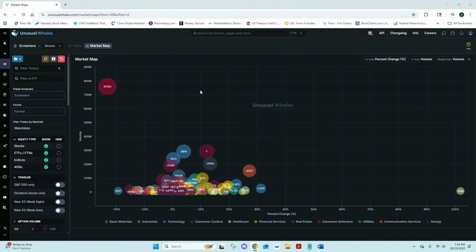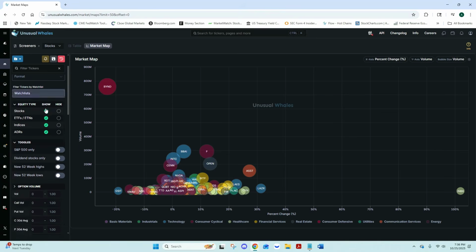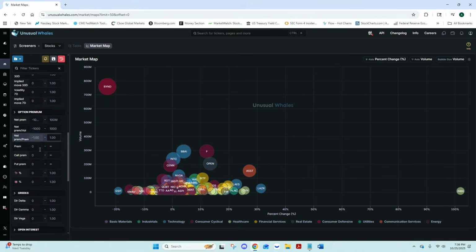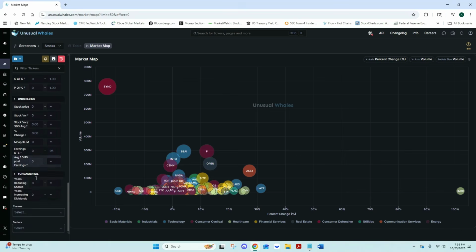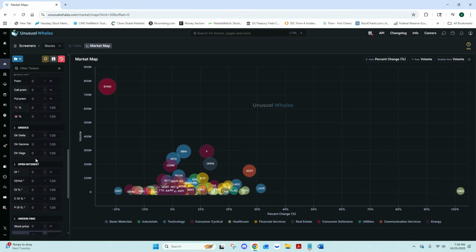You can filter and make screeners with this. I'm not going to dive super deep into how to make the screeners; this is just the basic market map overview, just what it is. You can also set up filters in here like your flow feed, however you'd like.